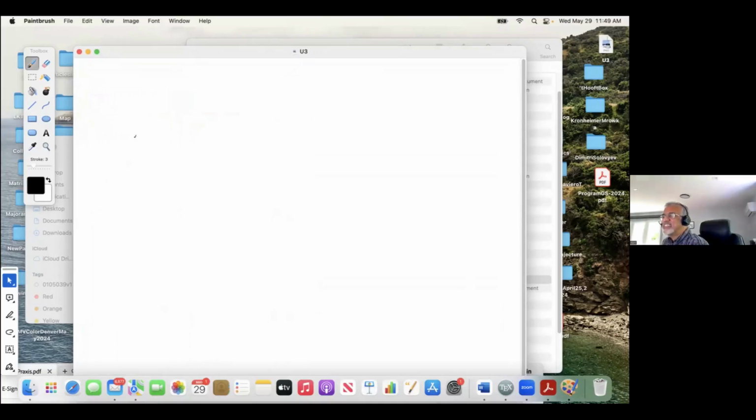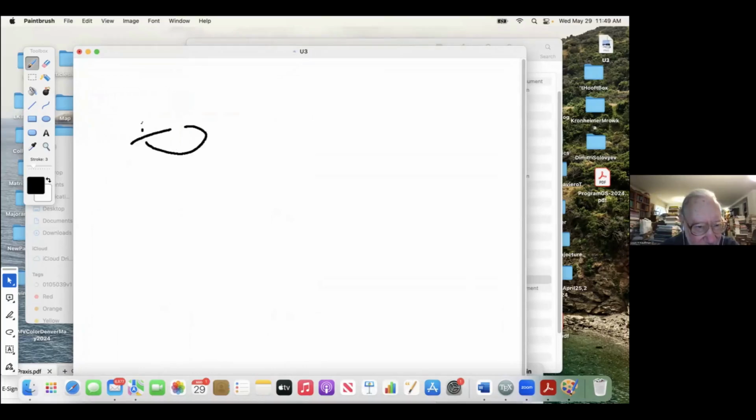But let me try making a drawing and then showing you. First, I'm just going to make a drawing. Here's the trefoil knot. And now I'm going to make a singular surface whose boundary is the trefoil knot.